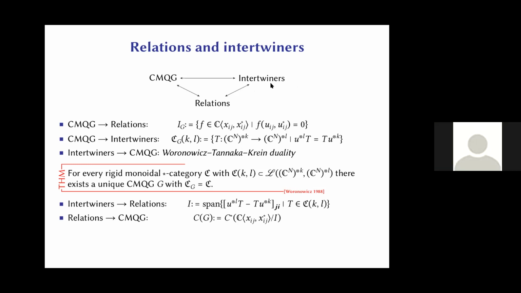Sorry, there's a question in the chat. They're asking, are these representations of the compact matrix quantum groups co-modules over the Hopf algebra? Yes, okay, so maybe I should have made this clear what the representation is. Yes, so these are co-representations of the associated algebra, the Hopf algebra.